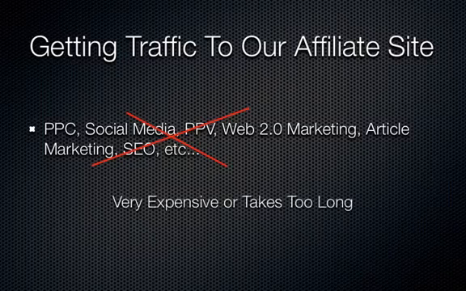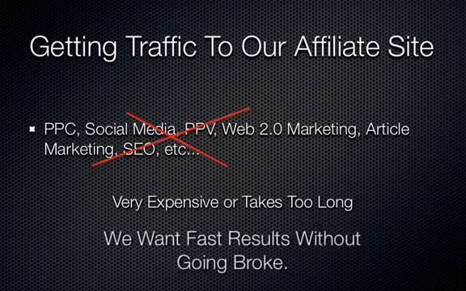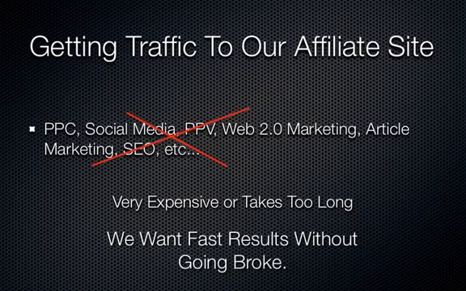For a simple reason: it can be either very expensive or it takes way too long to start seeing results, especially with affiliate marketing. You don't want to spend a lot of money on advertisement. We want to get fast results without going broke.